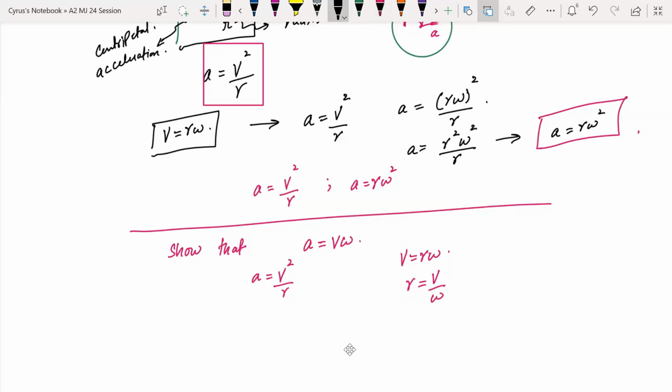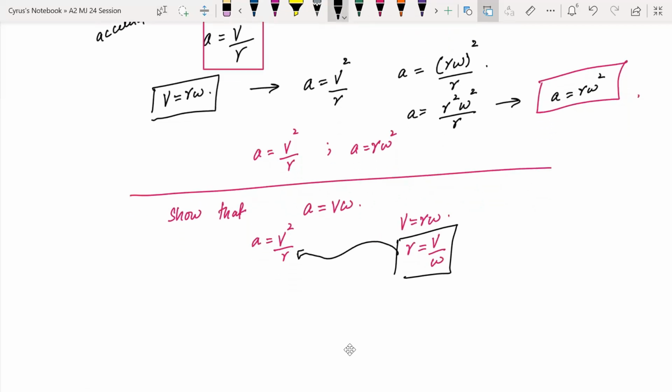अगर हम R को सब्जेक्ट बना लें, we can put this here, and this becomes V square over V over omega. This cancels with this one. This will come upstairs.